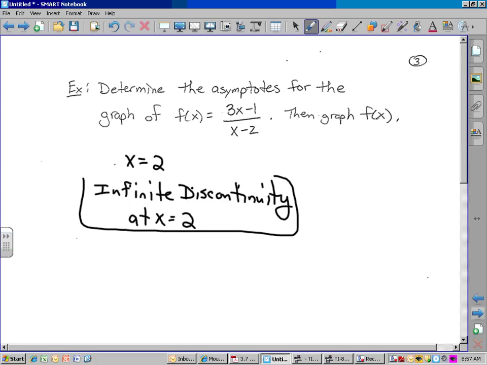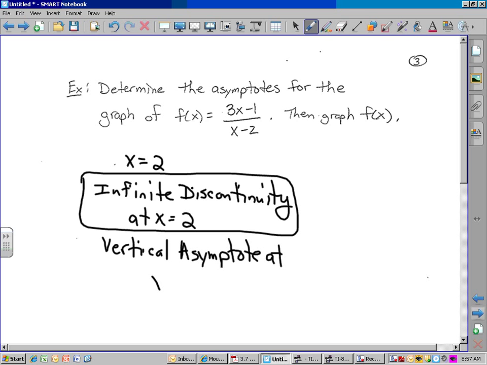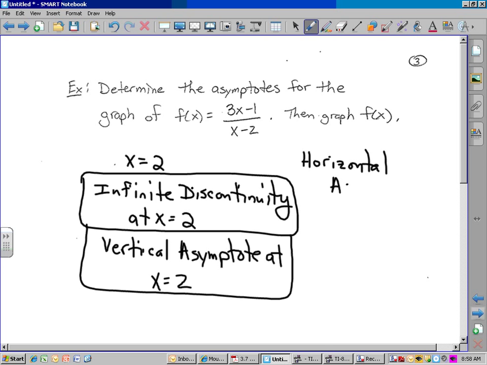Which tells us there is a vertical asymptote at x equals 2. So we've established a vertical asymptote. We now have to figure out the horizontal asymptote.